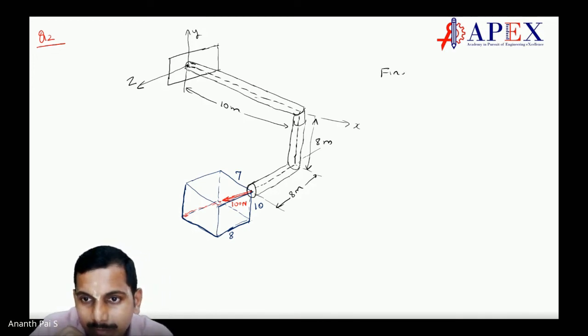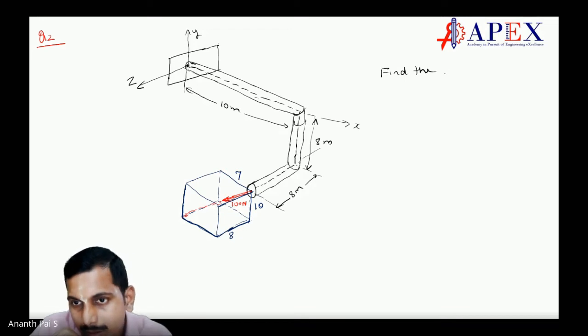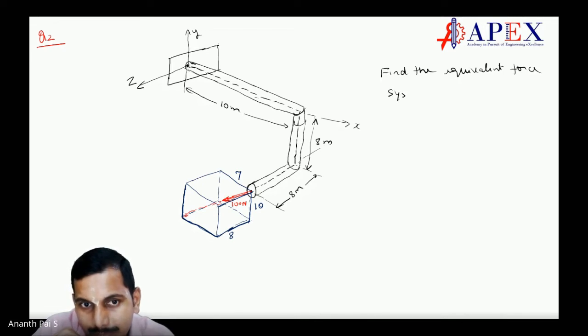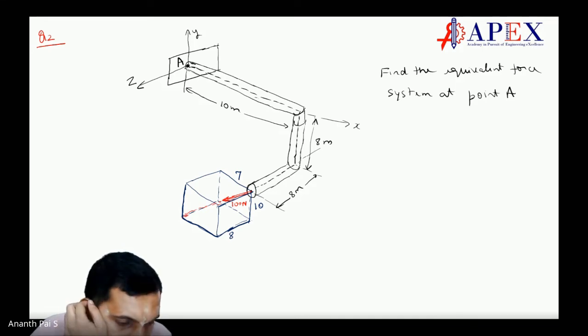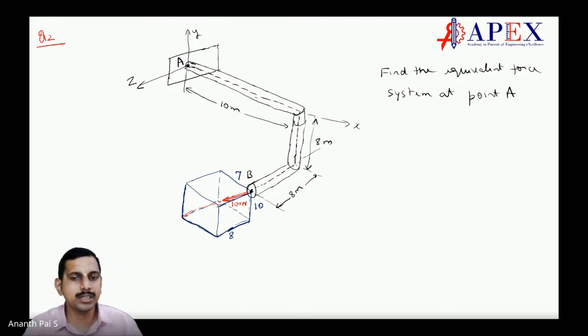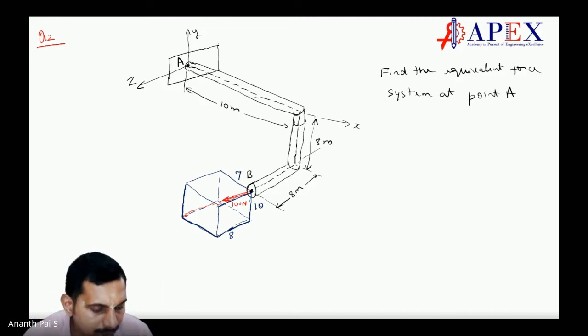Find the equivalent force system at point A. What is point A? Point A is this point A. And this is point B. Okay, let us find the equivalent force system at point A. That's it.